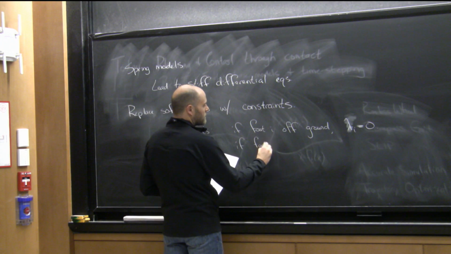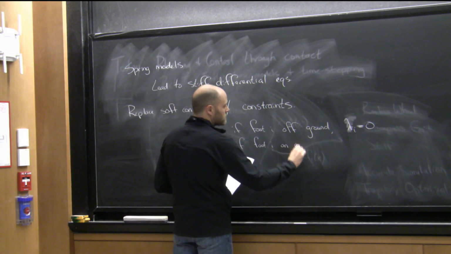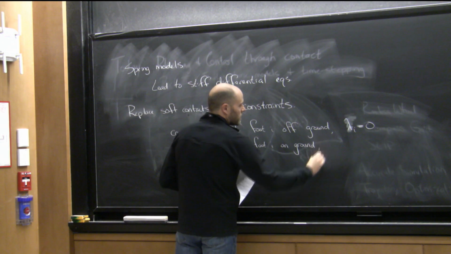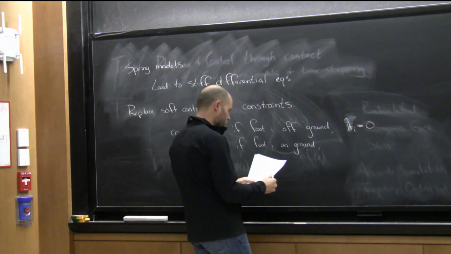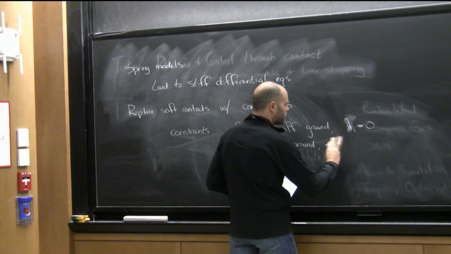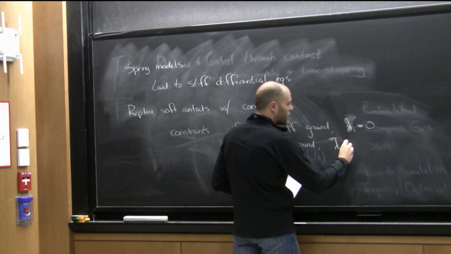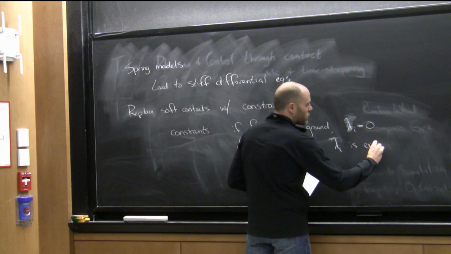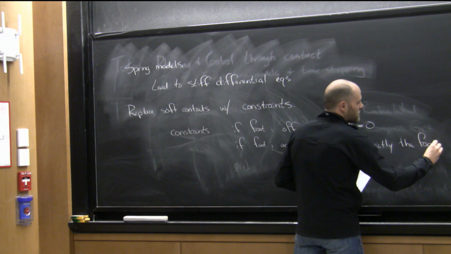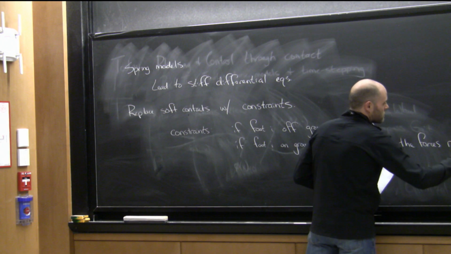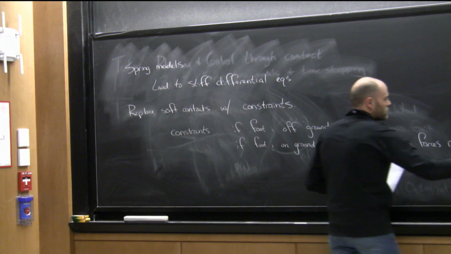If foot I is on the ground, this looks pedantic, but you're going to see we're going to turn these into equations in a second, then lambda I becomes exactly the forces required to avoid penetration.